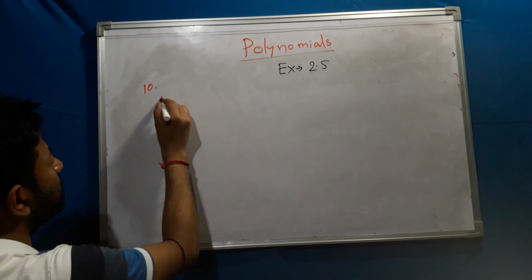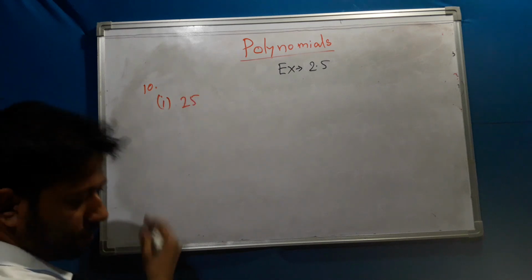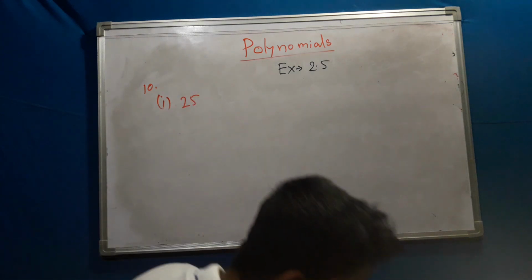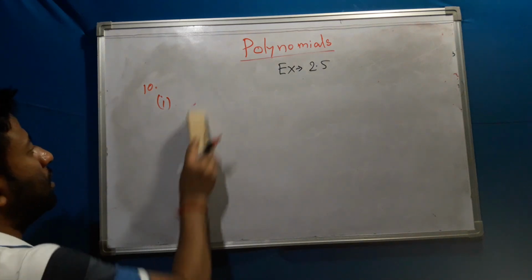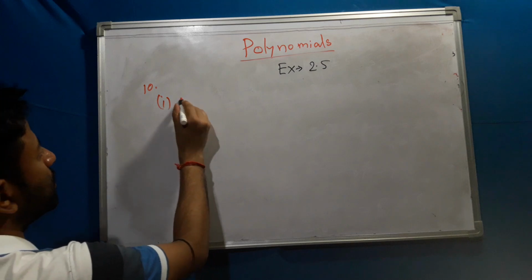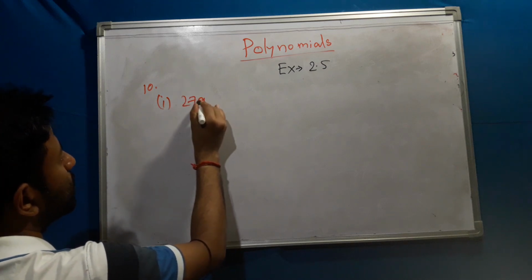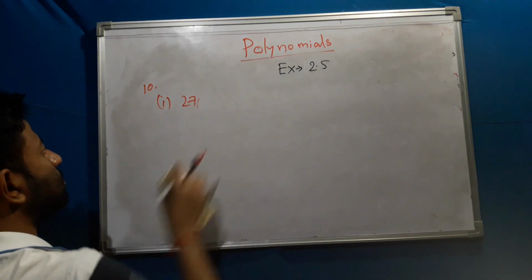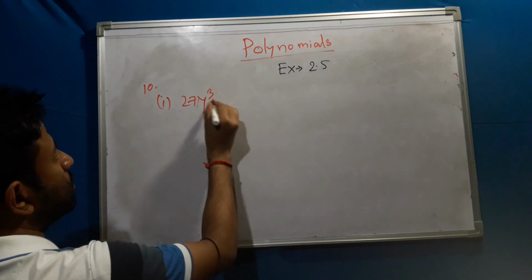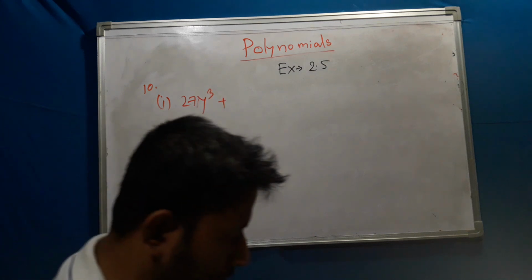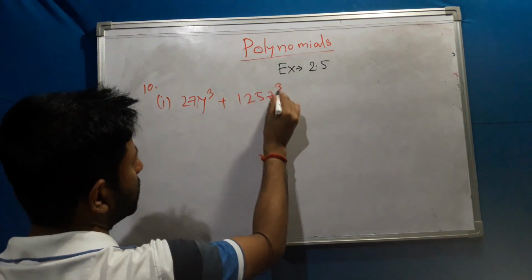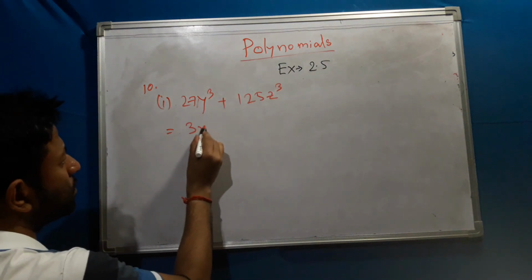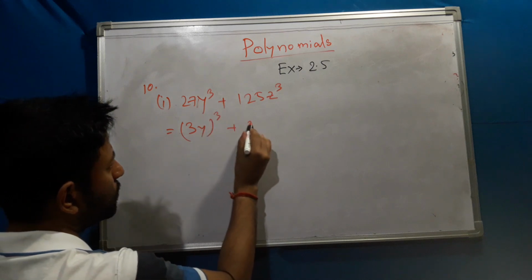Suppose question number 1, it's 27y cube plus 125z cube. So you see, you can write this one as 3y whole cube and this one equal to 5z whole cube.